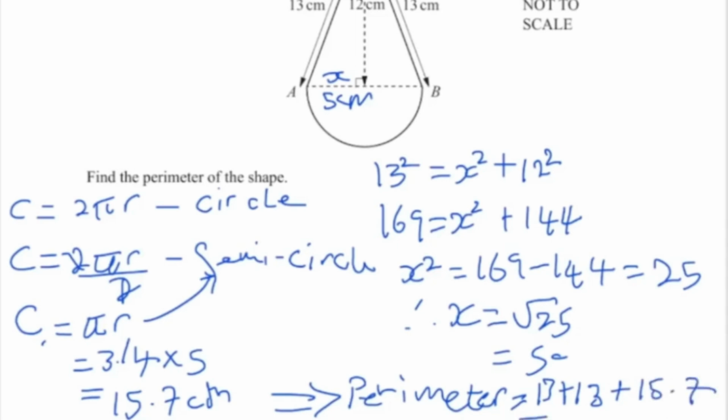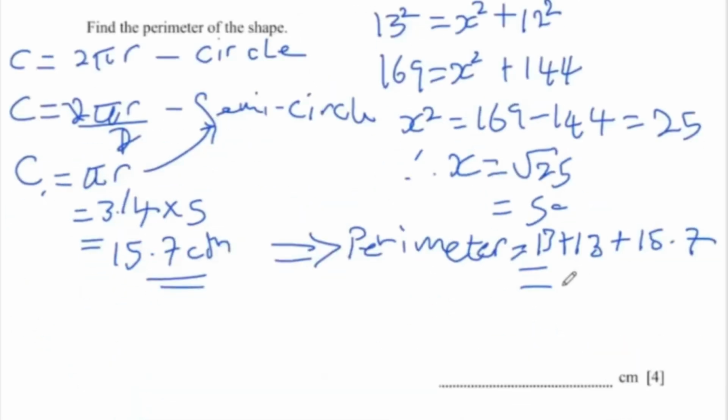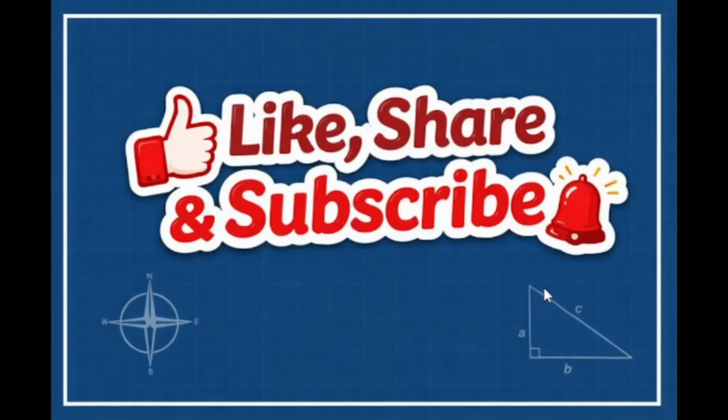So we total this, 13 plus 13 gives us 26. So 26 plus 15.7 gives us 41.7 centimeter. And this brings us to the end of the Stage 9 2025 progression test.